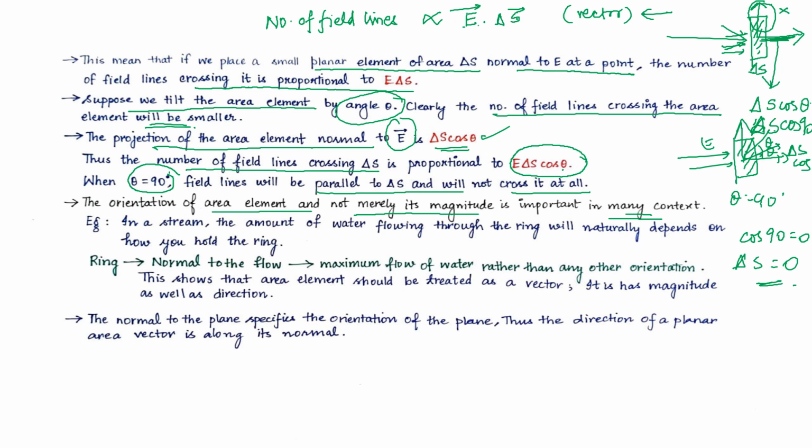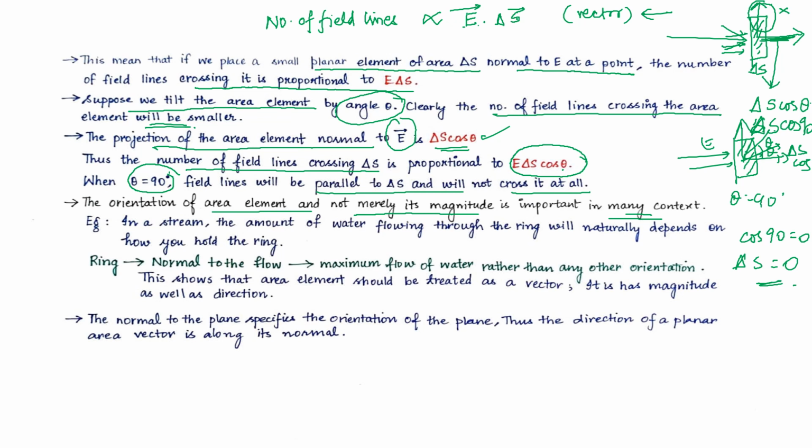You have a tanker full of water, but if you are not refilling your bottles properly, then the whole water will be wasted. In the same way, when we are calculating electric field lines, if the surface area which we choose is not properly oriented, then there will not be a proper calculation.